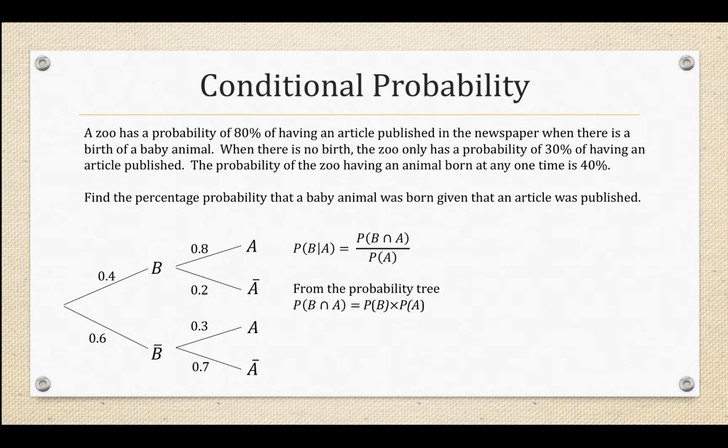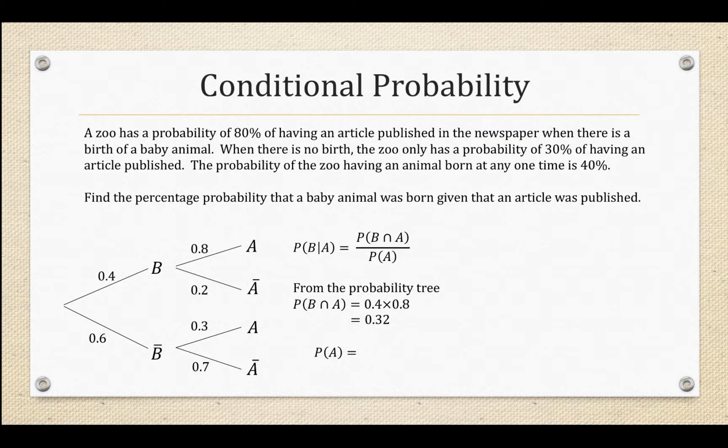Now, from the probability tree, we can find the probability of a baby animal being born and an article being published by multiplying the probability of B times the probability of A, which gives us 0.4 times 0.8, or 0.32.